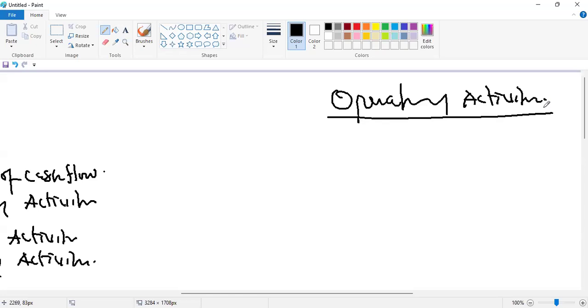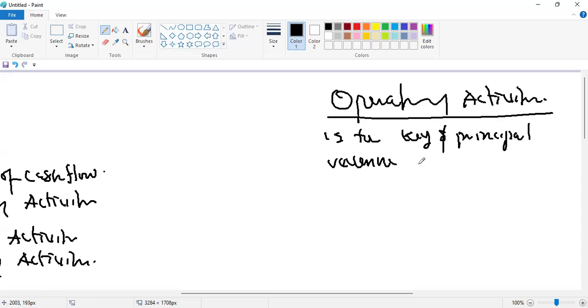According to IAS 7, operating is the key principal revenue generating activities of an entity.